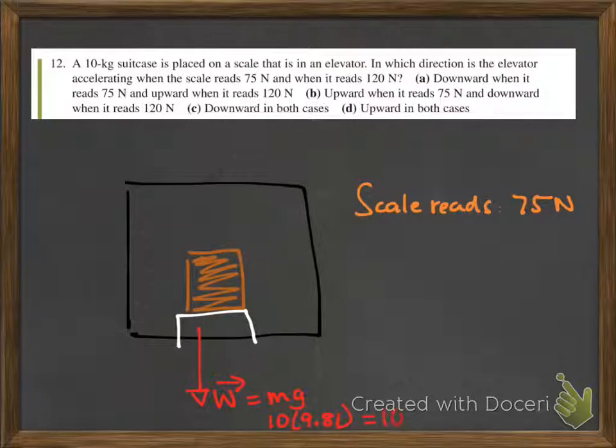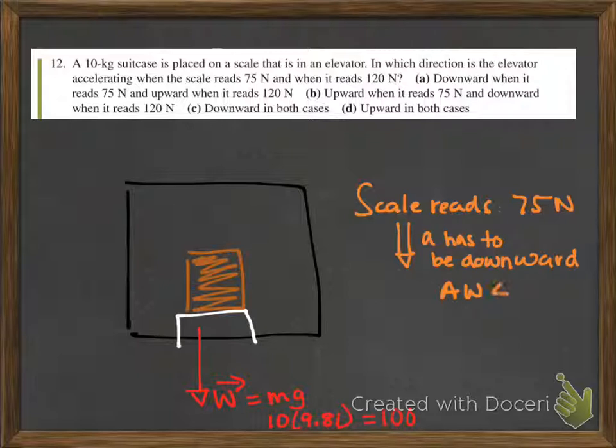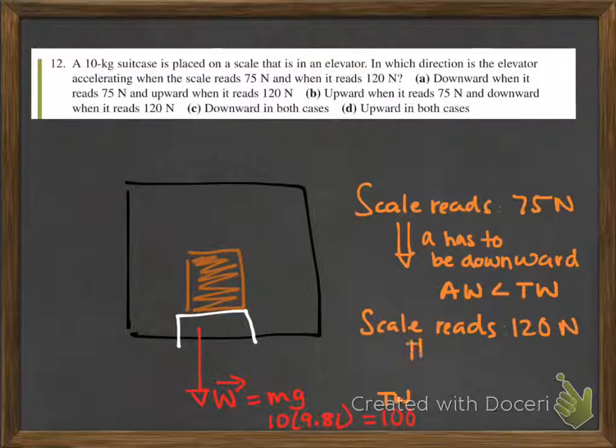In this case, the acceleration should be downward because the apparent weight is less than the true weight. In the case where the scale reads 120, the apparent weight is actually greater than the true weight, so the acceleration should be pointing upward.